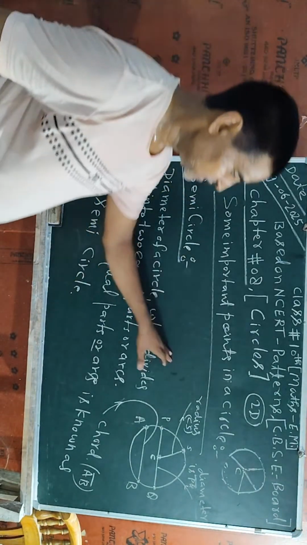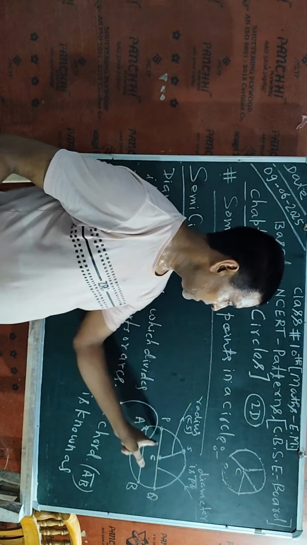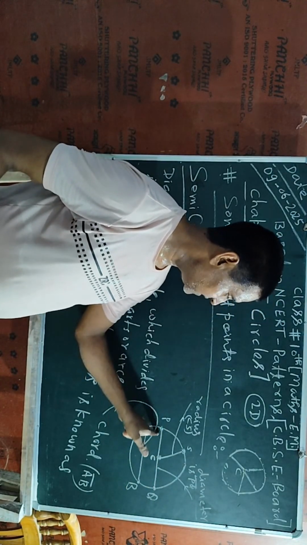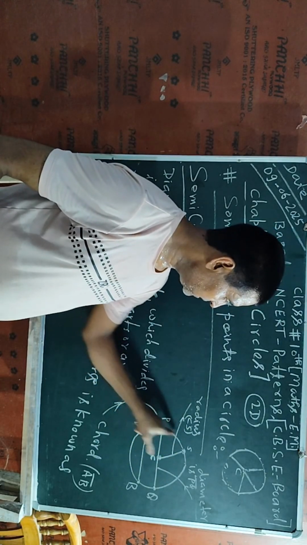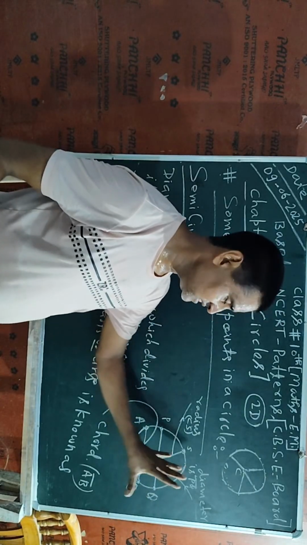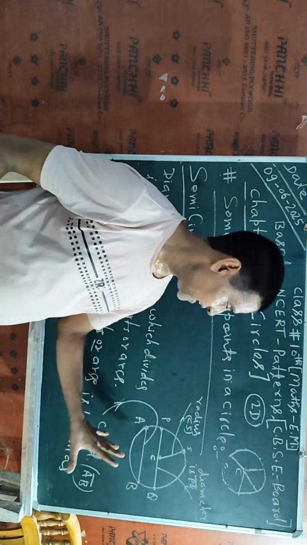In the figure you see, PQ is a diameter, and this diameter is dividing the circle into equal parts. PSQ is one arc, and PABQ is another arc.